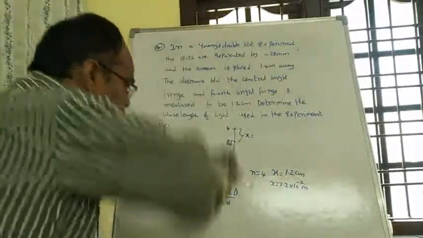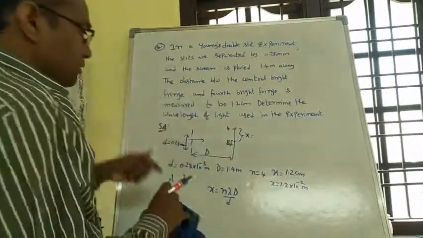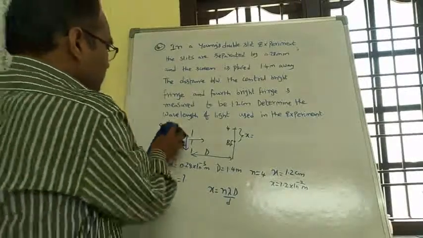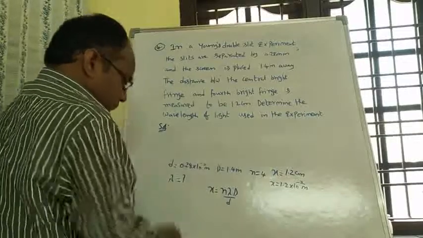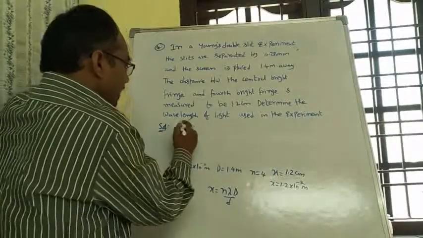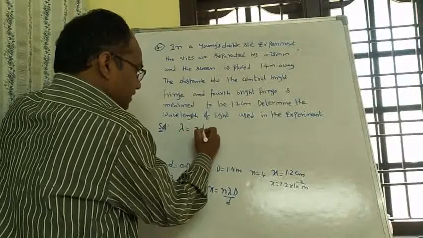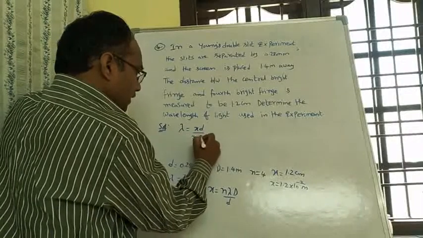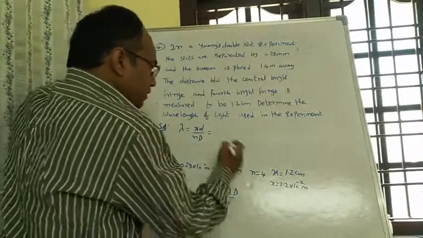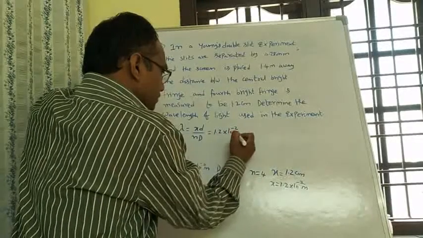So here what I should do is, I am rubbing the figure, not necessary. So here lambda is equal to x into d divided by n into D. x means 1.2 into 10 to the power of minus 2, into small d.